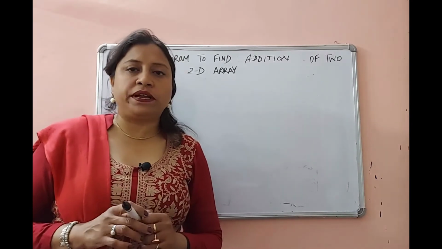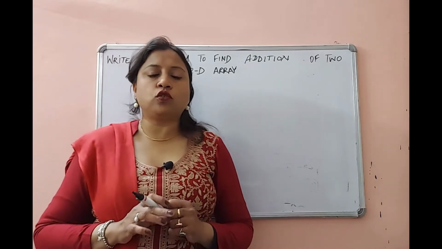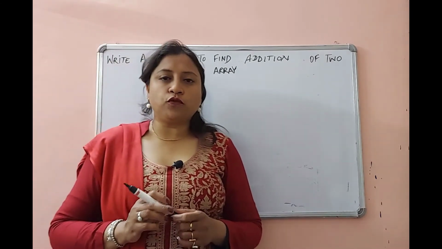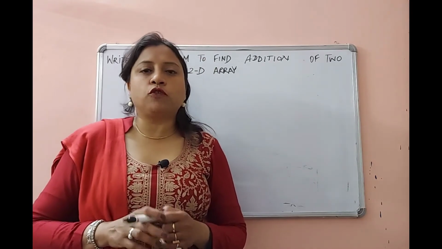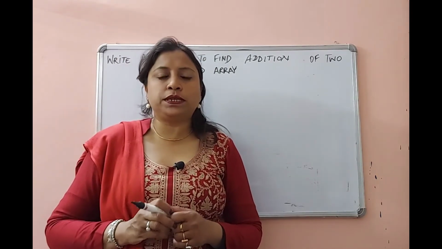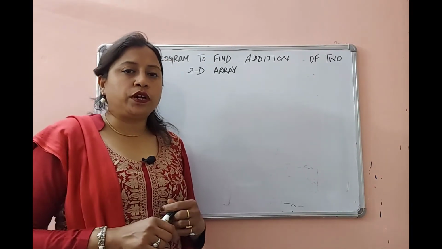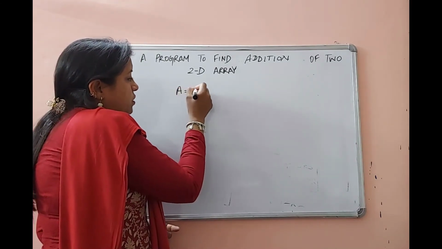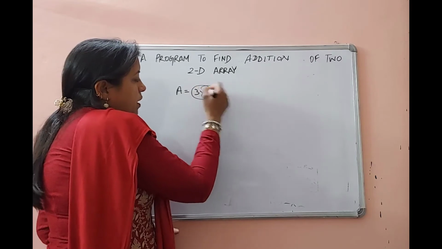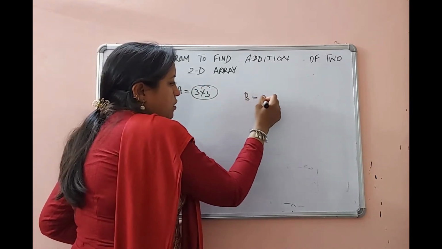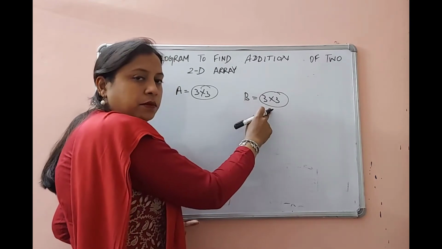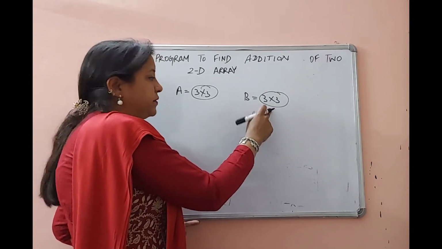To add two matrices, the dimensions of both matrices should be the same. Dimension means the number of rows and number of columns of both matrices should be the same. Suppose that we want to add matrix A of dimension 3 by 3 and matrix B also of dimension 3 by 3, because if the dimensions are not the same, we cannot add these matrices.